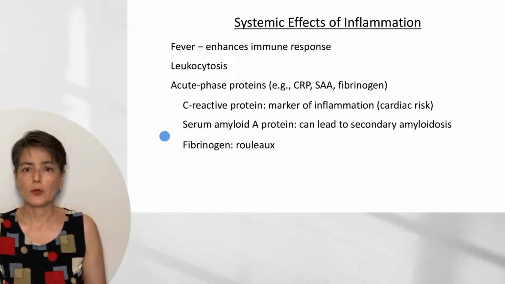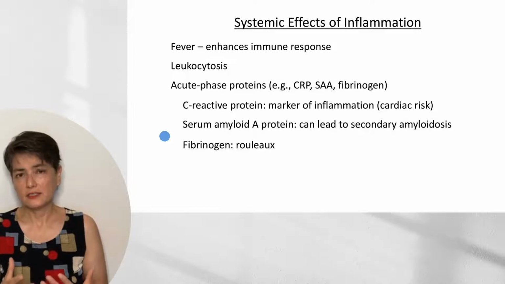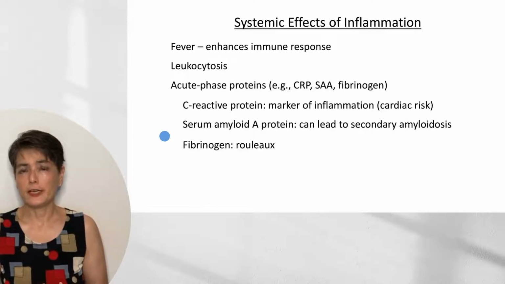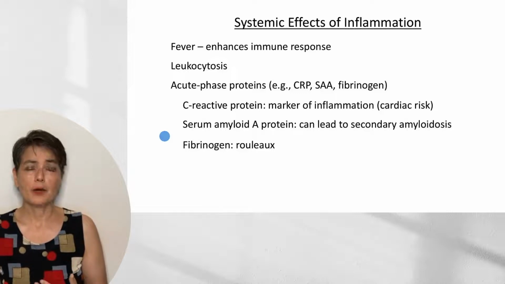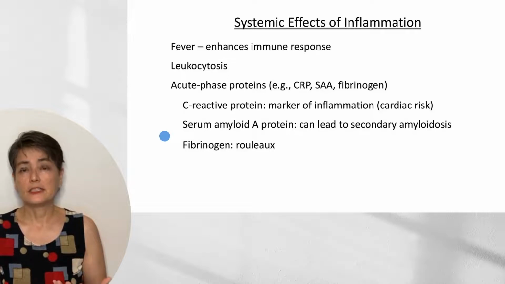We also have serum amyloid A protein. This is something that we typically associate with long-term chronic infections. So for a long time, tuberculosis was the primary disease associated with serum amyloid A protein being elaborated. Now it's going to be something more like rheumatoid arthritis.